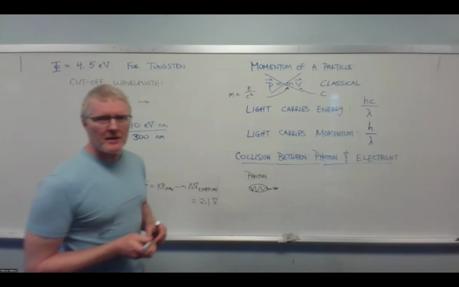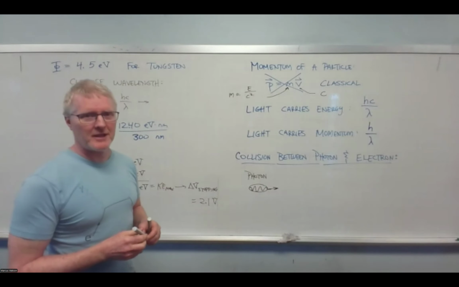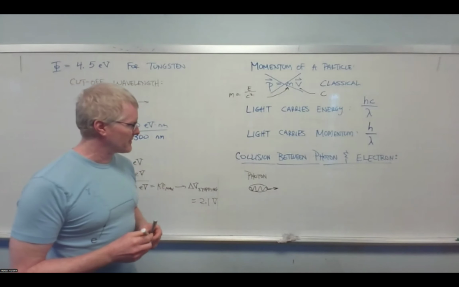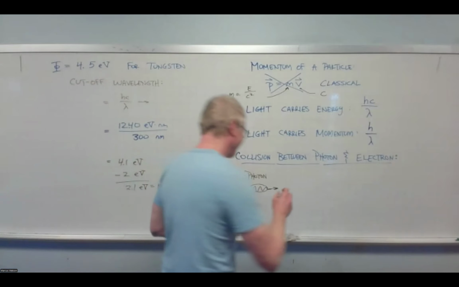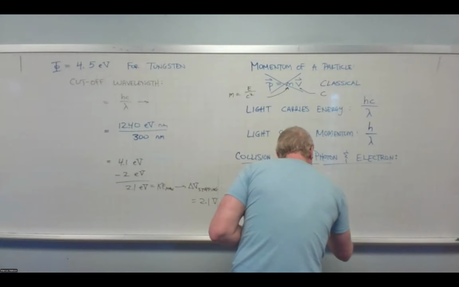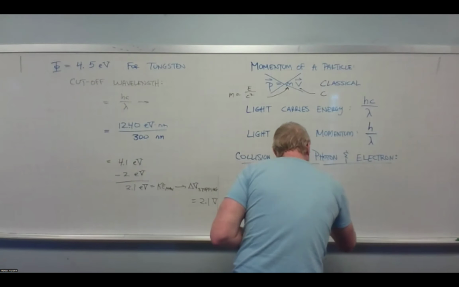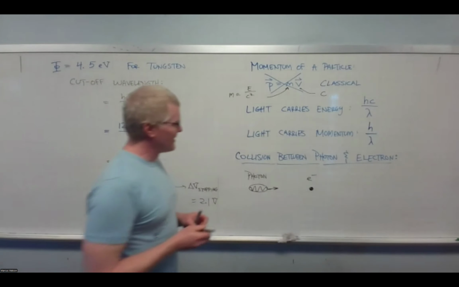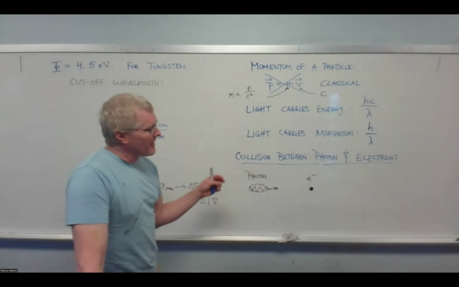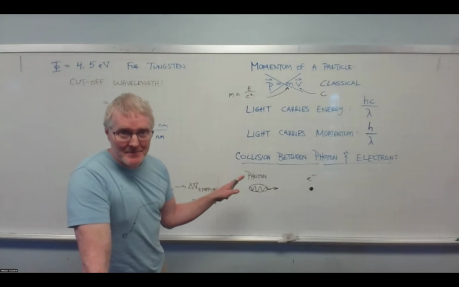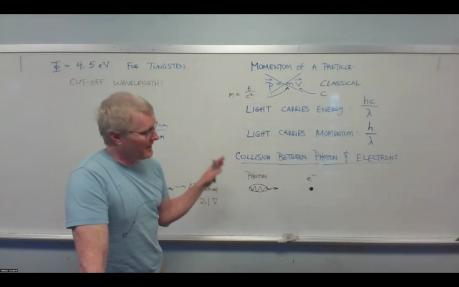All right. This is what a photon looks like. And you can verify that by looking at one under a microscope. And it's going to hit this electron. This picture is vastly simplified, okay?